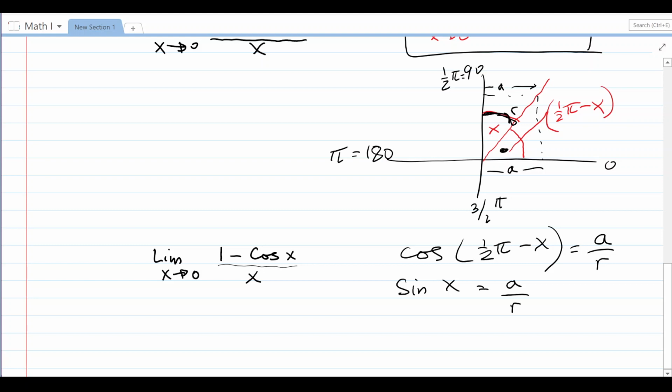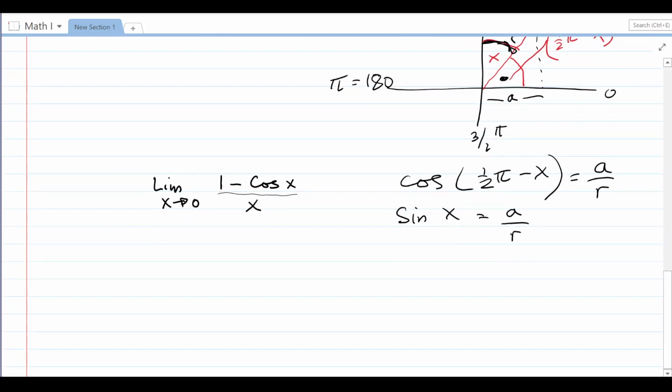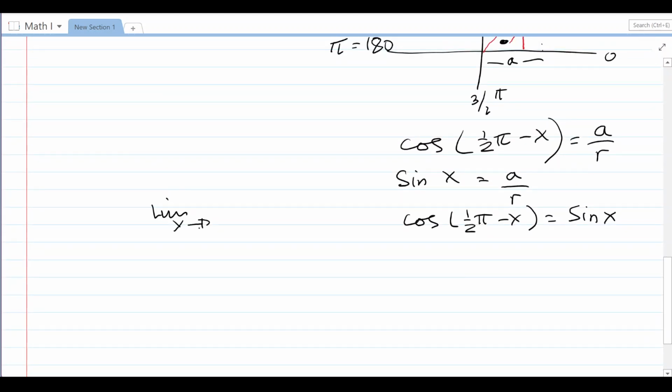By definition of sine x in that case, it is a divided by r. Therefore, the cos of half pi minus x equals sine x.